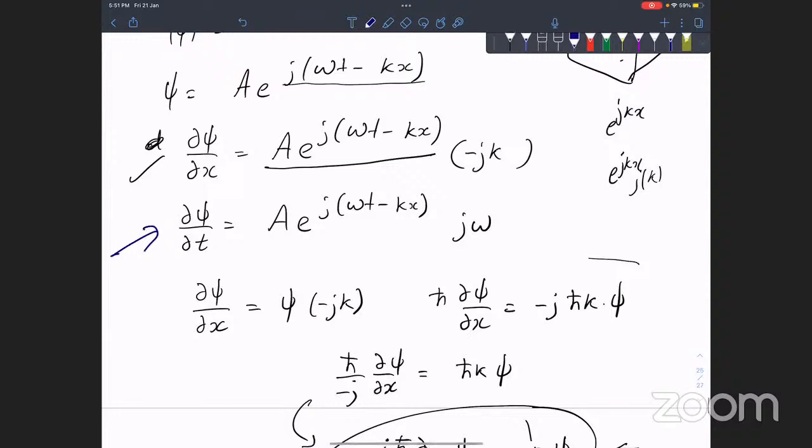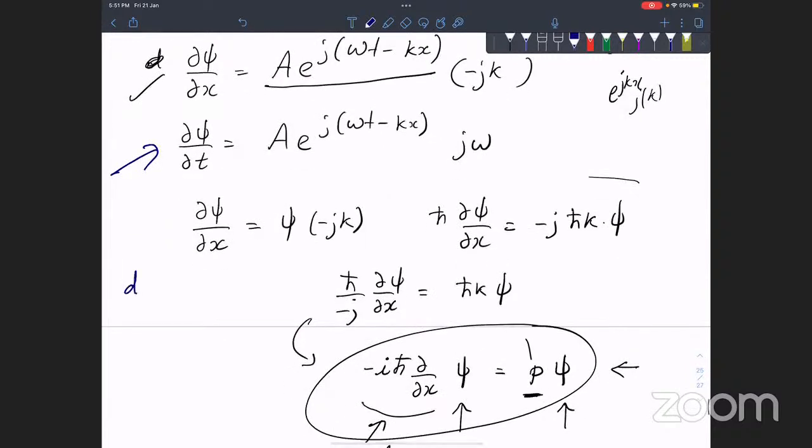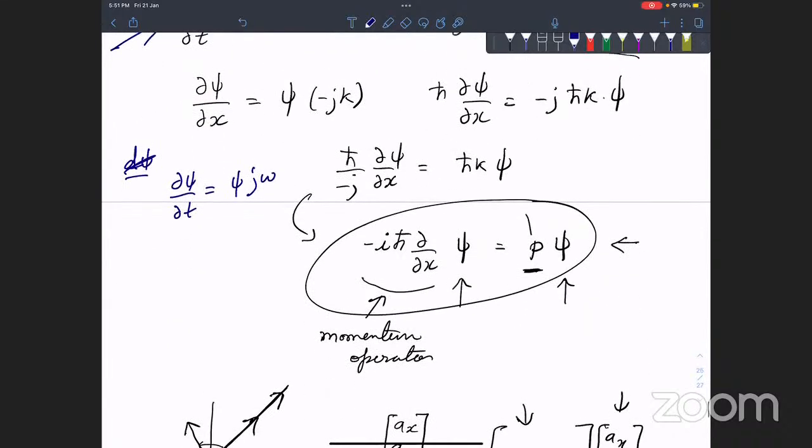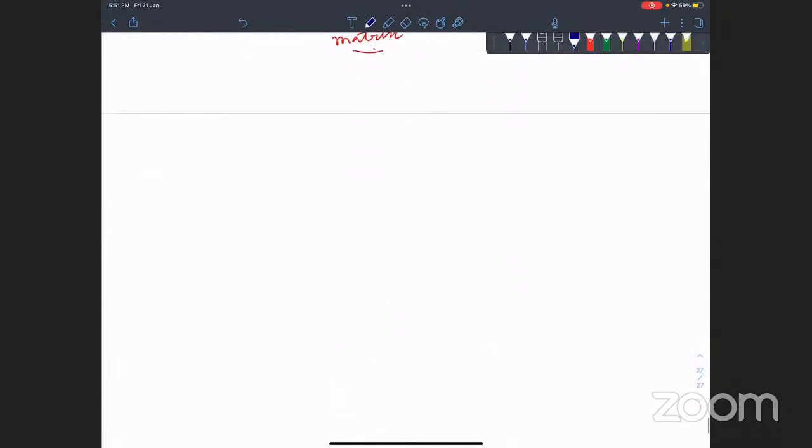This guy, right? What does this reveal to us? So if I write it down, let me just copy this. The partial derivative of psi with respect to t turns out to be equal to psi times jω, right? ∂psi/∂t is equal to psi jω. So the partial of the wave function with time is j times omega times psi.